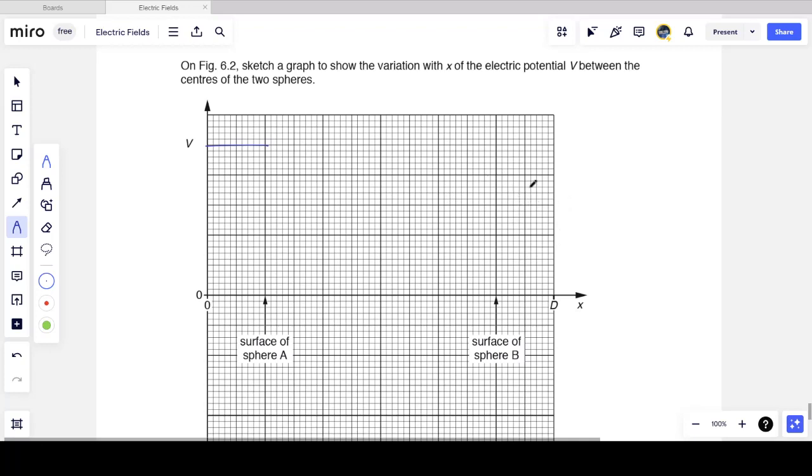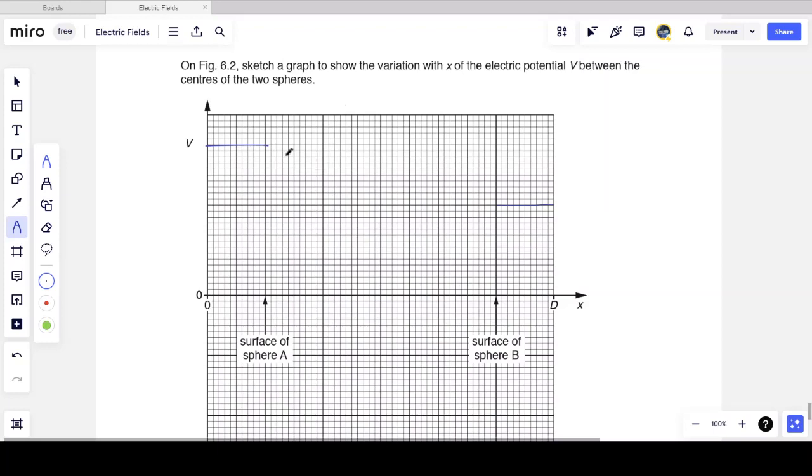And the potential inside sphere B is going to be a lot less. And so what I will do is draw the potential for sphere B lower than it is for sphere A. Again, we are sketching. We aren't drawing a graph, so I don't have actual values.